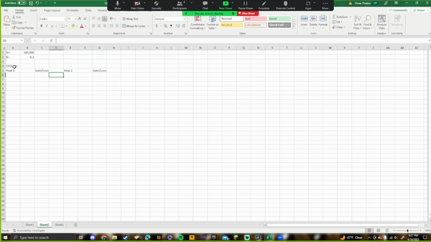All right. So if we look at the question, if you invest in stocks for the first year, there's a 40% chance you earn 20% and a 60% chance that you lose 5%. So first is your 40% chance of gaining 20%.